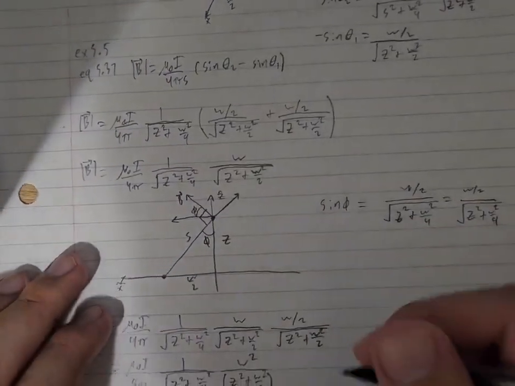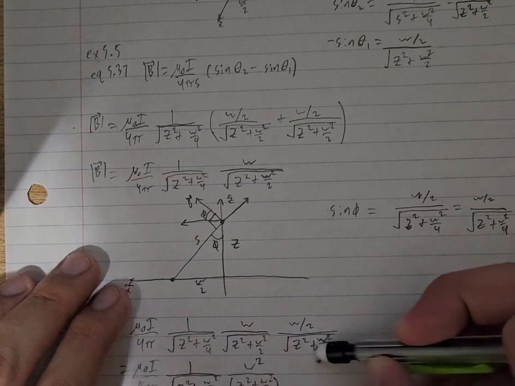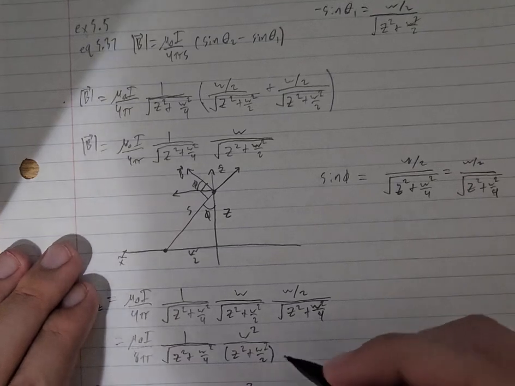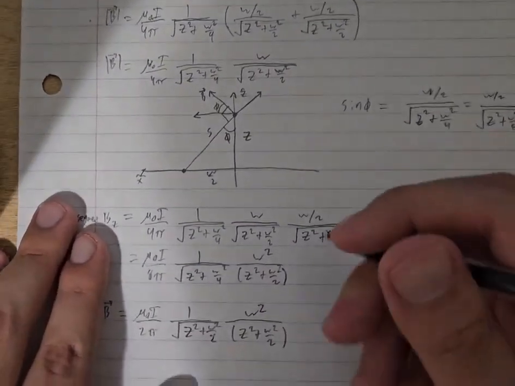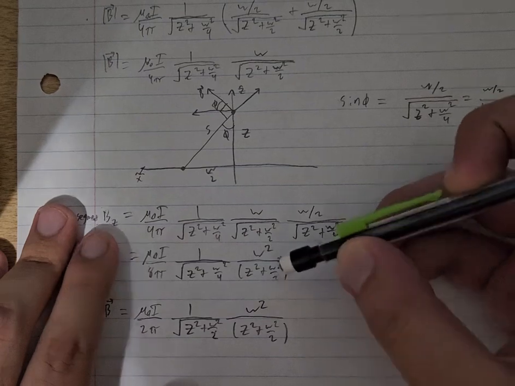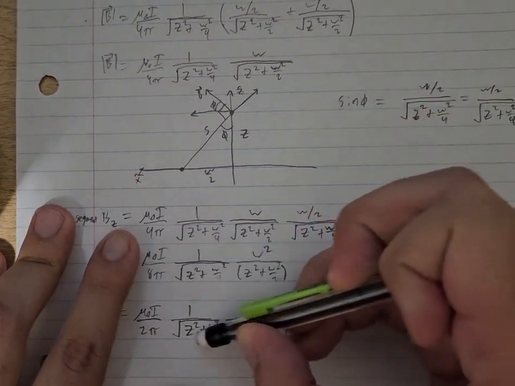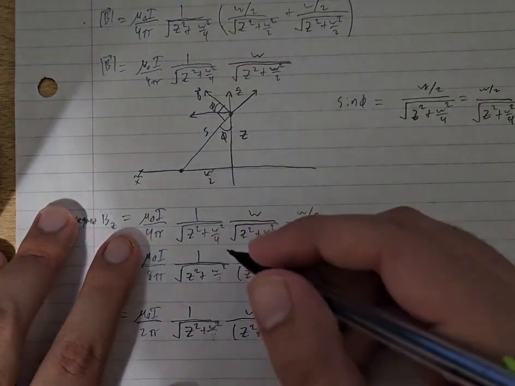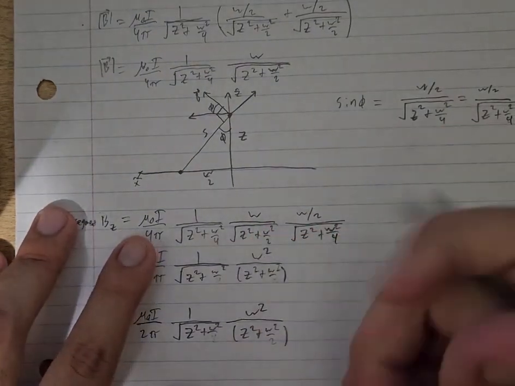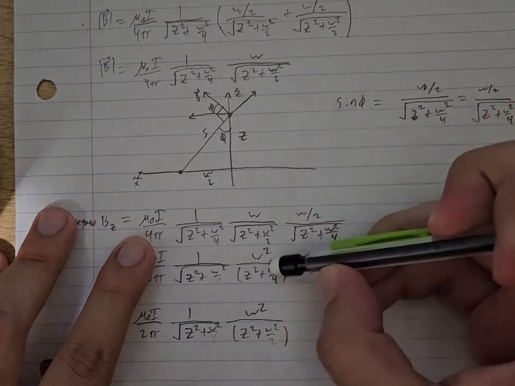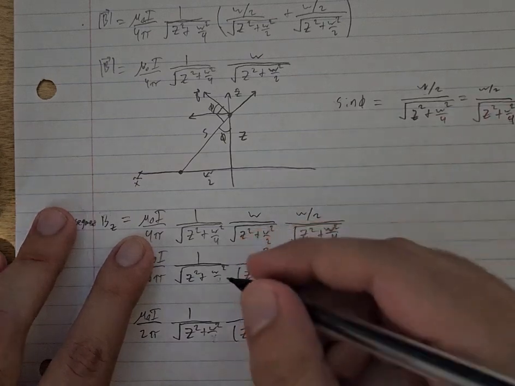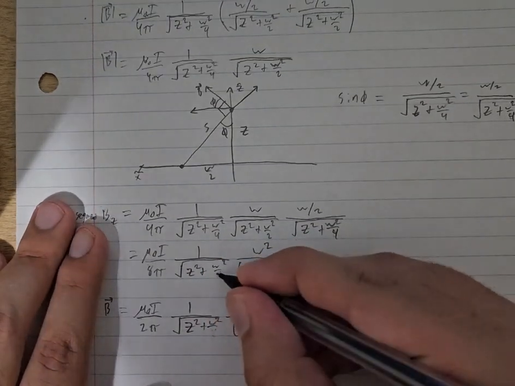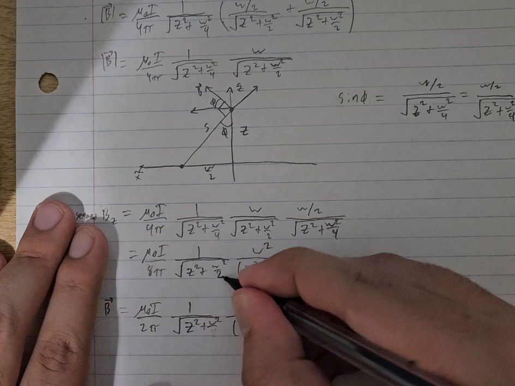Yeah, that's my bad. So this should be 4. And multiplying that in, just fix this mistake real quick. This should be z squared plus w squared over 4. And this would be the square root of z squared plus w squared over 2.